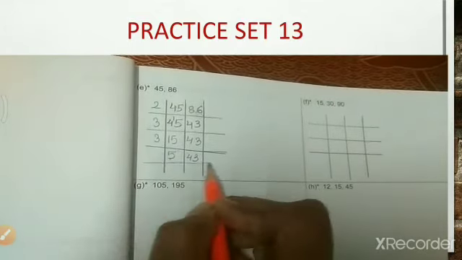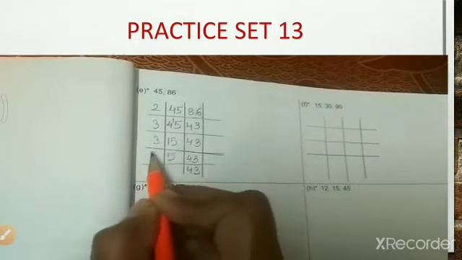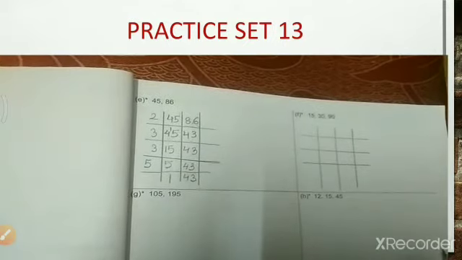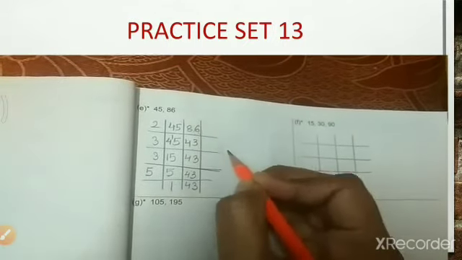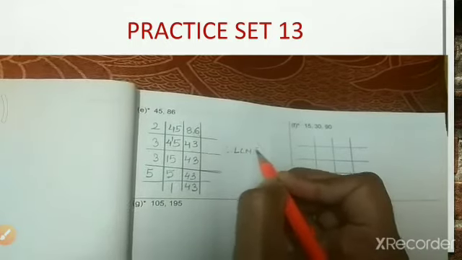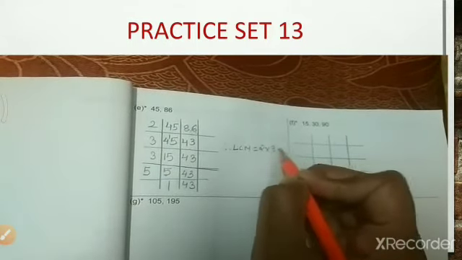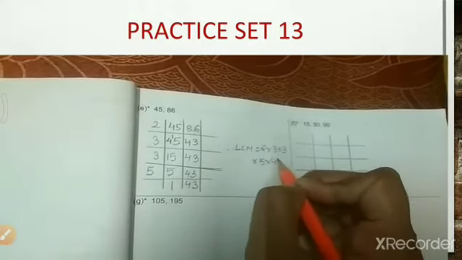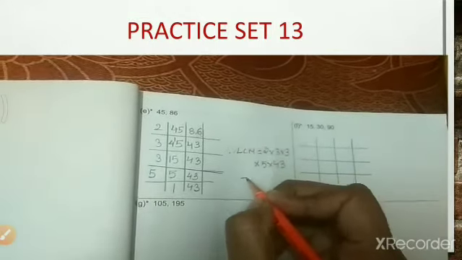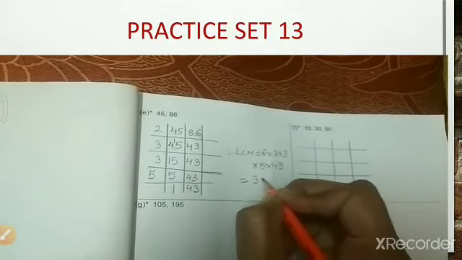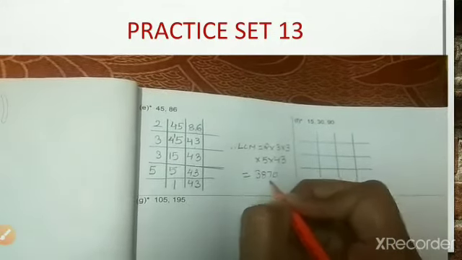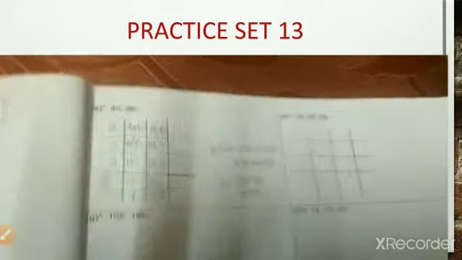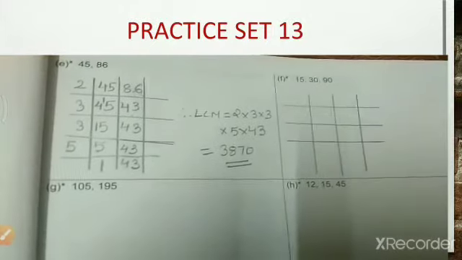See, here 43 will come as it is. 5 is divisible by 5. 5 1s will be 5. Clear everyone? Now see how you will find out the LCM. So therefore LCM will be 2 into 3 into 3 into 5 into 43. So what will be your LCM? Here your LCM is 3870. Clear everyone?